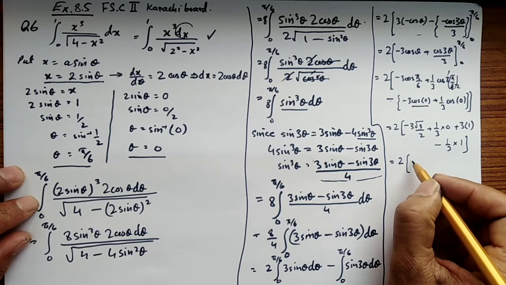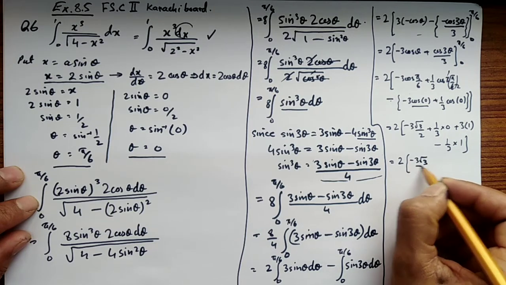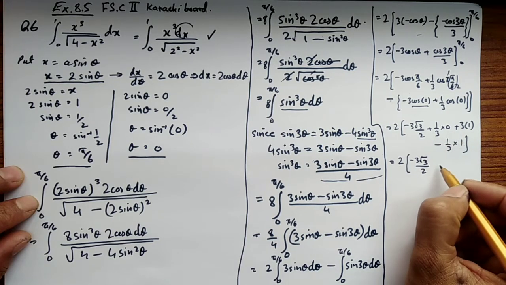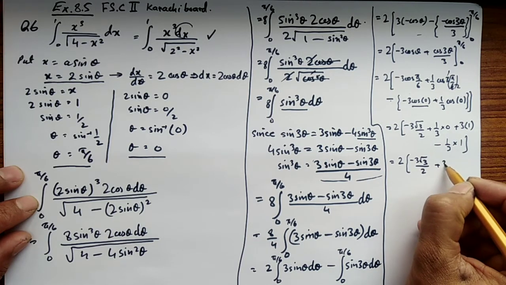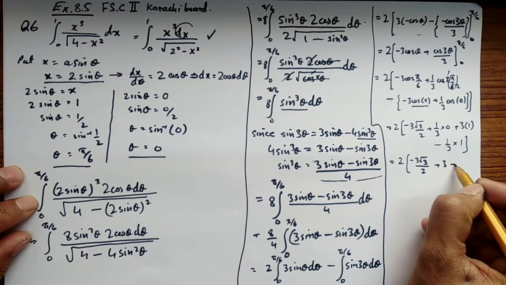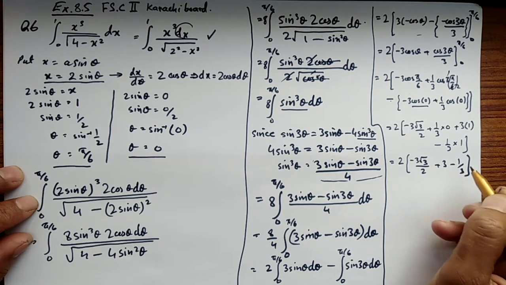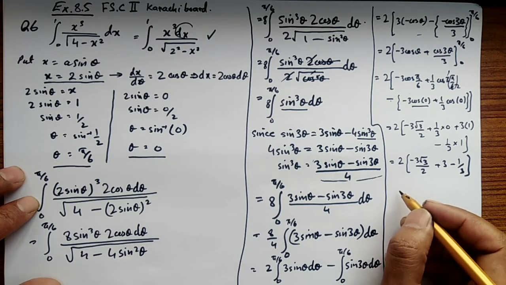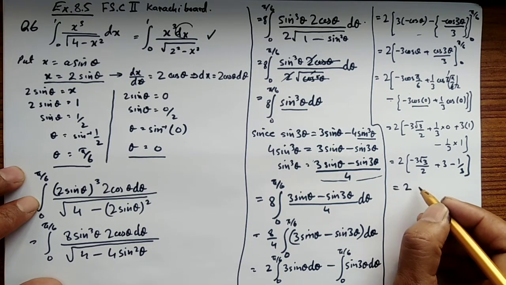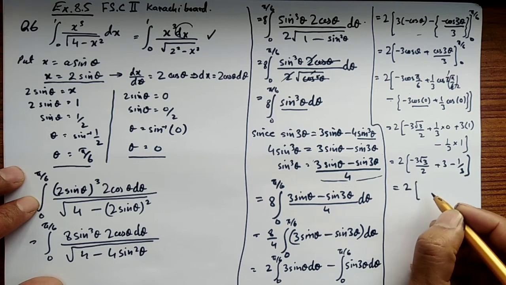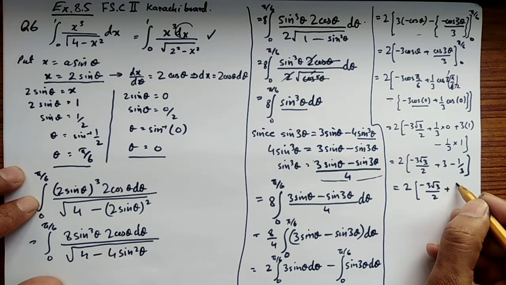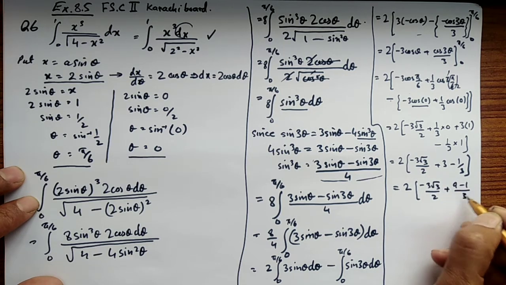simplifying, minus 3 root of 3 divided by 2, and this whole becomes 0. This 3 into 1 is 3 minus 1 upon 3, and now simplifying this we will get an answer that will be 2 into minus 3 root of 3 upon 2 plus 9 minus 1 upon 3.